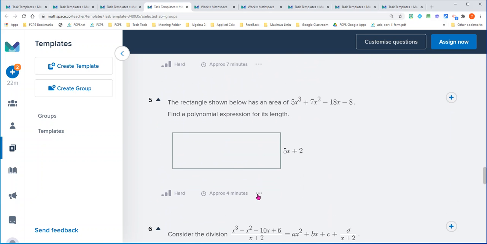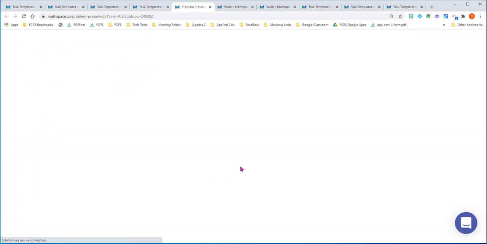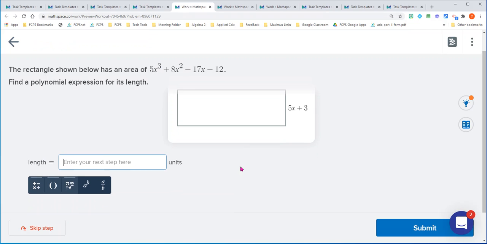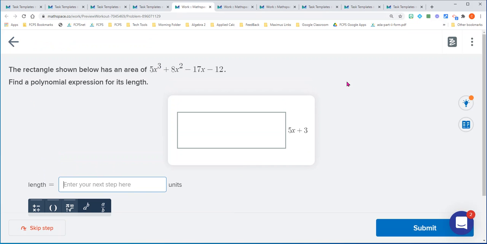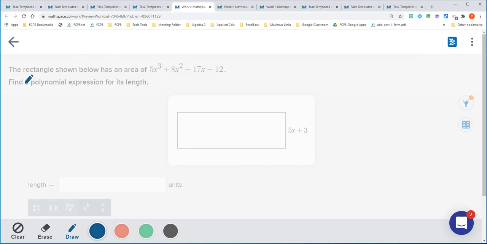Oh, this one's a goodie. Okay, so this question is nice because a rectangle shown below has an area of. So notice that area equals length times width. Okay.